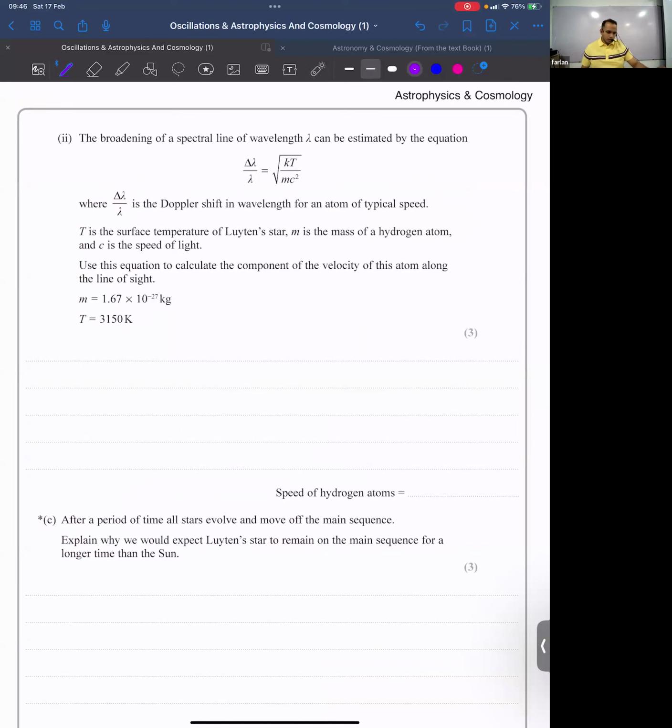But do you know the speed? Okay, from that we can find it. Okay, use this equation.